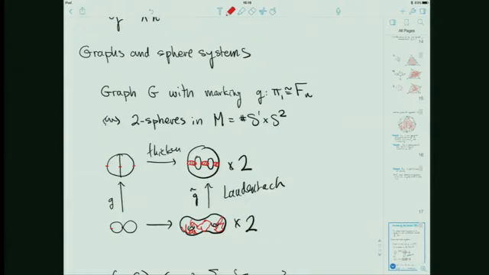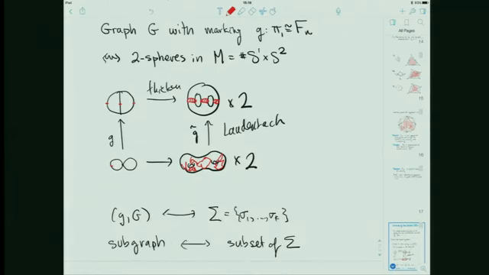But there'll still be a disjoint collection of 2-spheres. And it turns out that there's a one-to-one correspondence between marked graphs and collections of 2-spheres in a doubled handlebody. So instead of thinking of marked graphs, I now want to think of 2-spheres in a doubled handlebody.